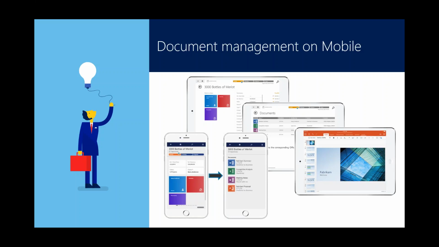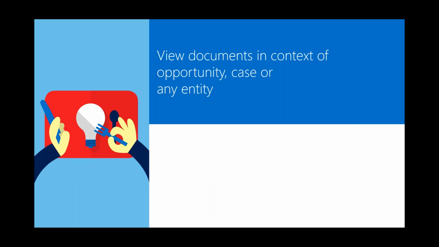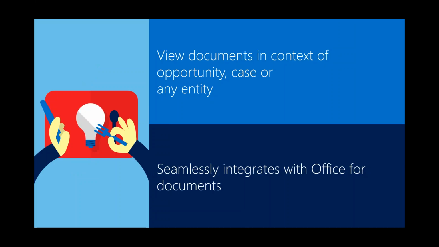So if I'm in an opportunity or a case in CRM or any other record where you have documents attached to that CRM record, they can now be brought up on the mobile device. So you can now view those documents within the context that you're working, either as a field-based sales or service representative.